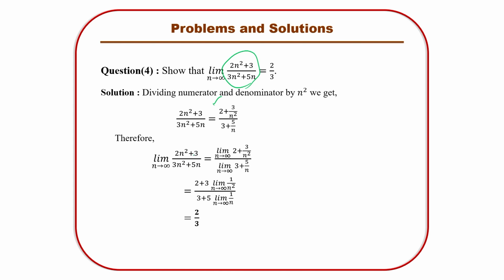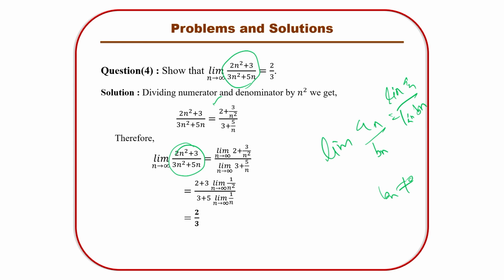So the limit as n tends to infinity of (2n square plus 3) over (3n square plus 5n) becomes each one. Using the quotient rule of limits, where bn is not equal to 0, this will be the limit of an divided by the limit of bn.